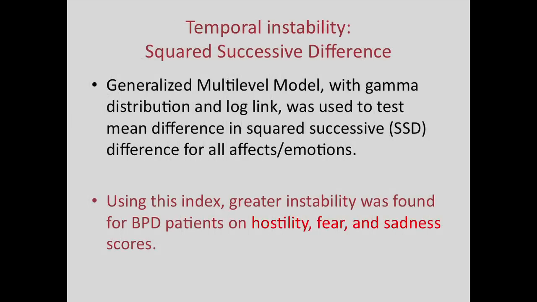The MSSD simply takes the difference from one moment to the next and squares it. Then you can take the mean of that over time to get an overall index of how much things are bouncing around. When we used the mean squared successive difference in our models, we found greater instability for the BPD patients on hostility, fear, and sadness compared to our depressed folks.